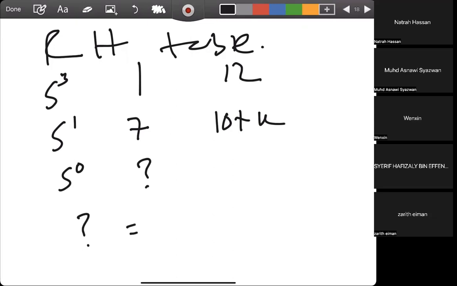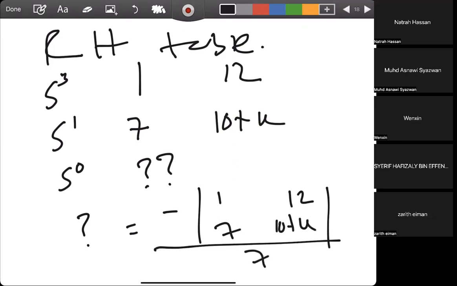Negative determinant of 1, 12, 7, 10 plus K, divided by 7.